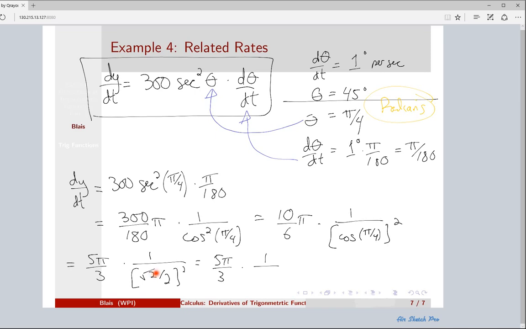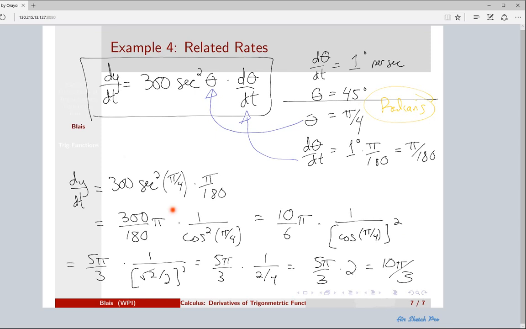So root 2 times root 2 is 2. And the denominator, 2 times 2 is 4. Or 5 pi over 3 times 2, or 10 pi over 3. So this is the rate at which the balloon is rising in feet per second at that instant where the observer's line of sight makes a 45-degree angle with the ground.